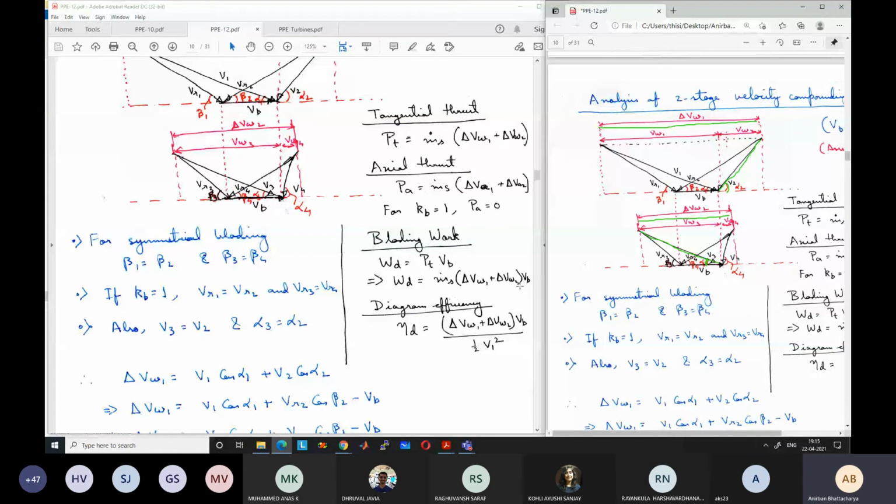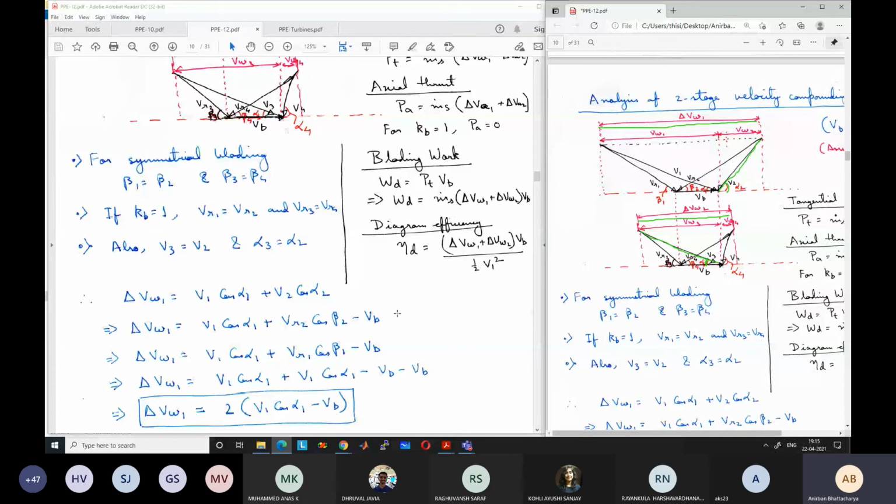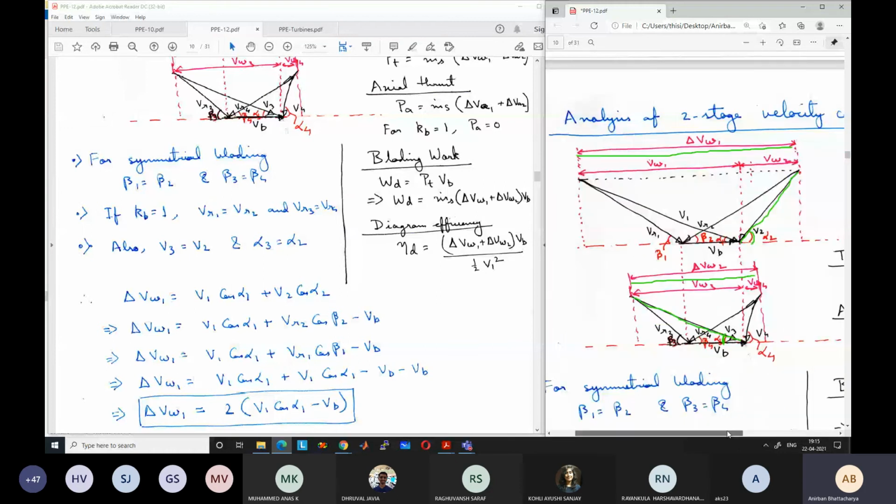So delta VW1, exactly like in the previous case of the single stage, we will follow similarly. Delta VW1 is VW1 plus VW2, this part plus this part. So VW1 is equal to V1 cos alpha 1, and VW2 is equal to V2 cos alpha 2. This part is V1 cos alpha 1 and this part is V2 cos alpha 2.